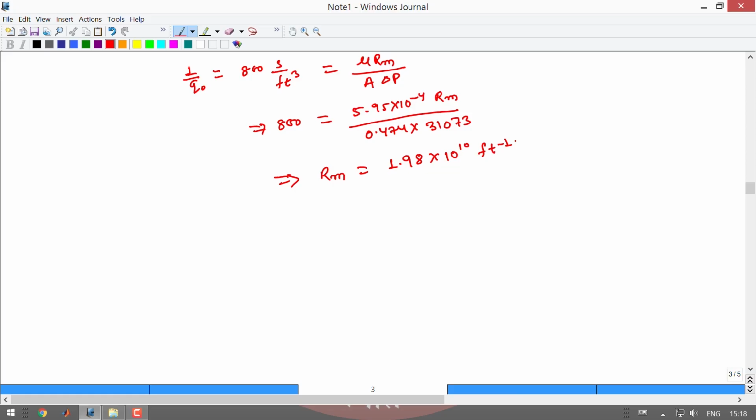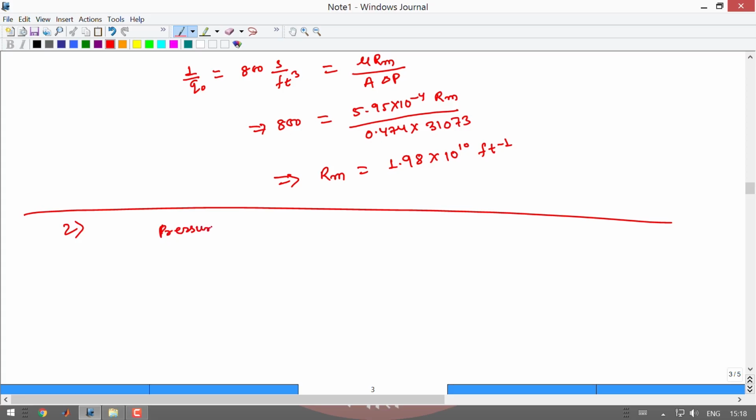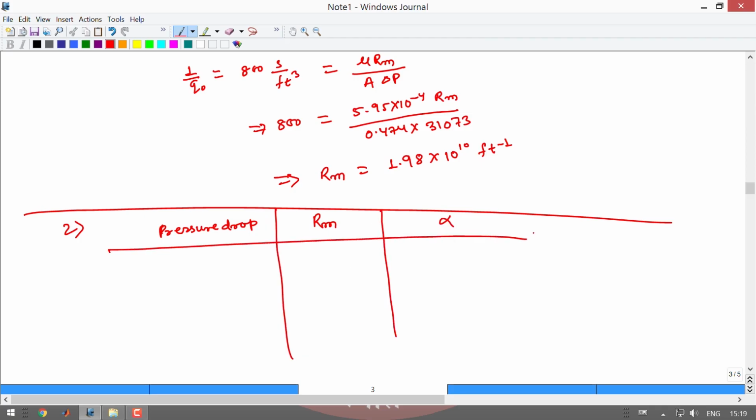In this question a table is given, with pressure drop, filter resistance and specific filter resistance alpha. This table is given.